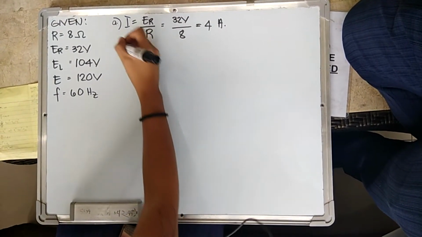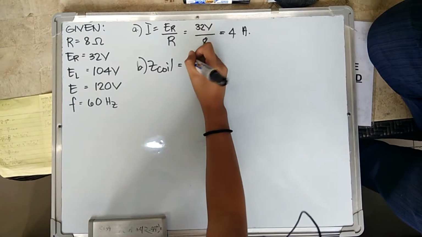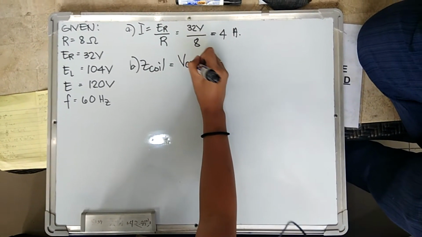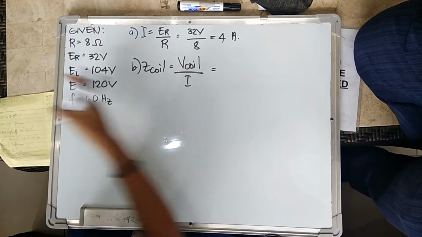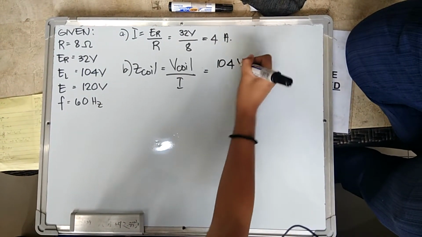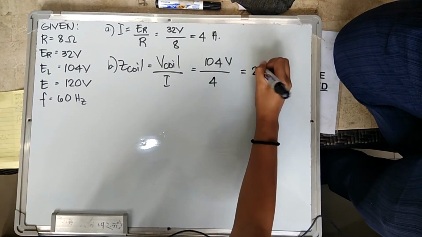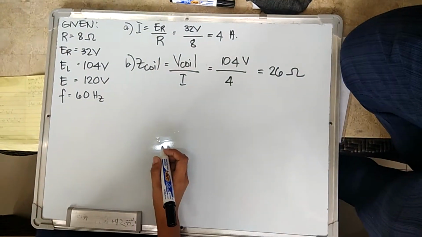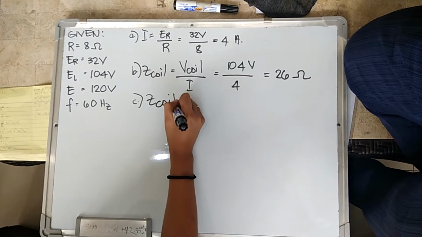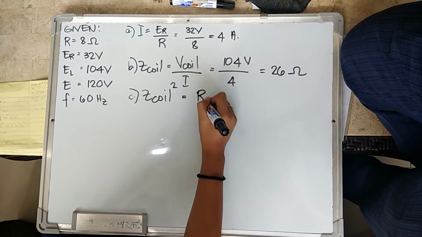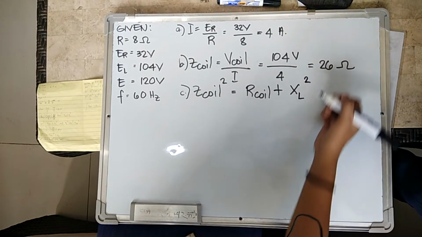Let's find the impedance across the coil. So Z coil is equal to the voltage across the coil over the current. So voltage across the coil is 104 volts over the current 4 and is equal to 26 ohms. So next, let's have the equation: Z coil squared is equal to R coil squared plus XL squared.